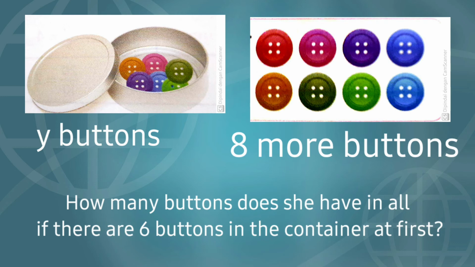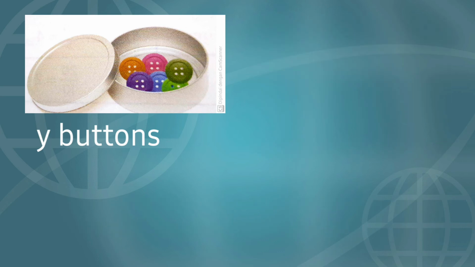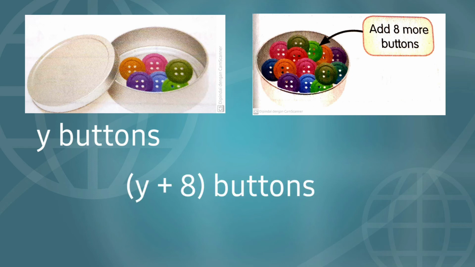Okay, we will answer together. Hasna has Y buttons in a container and then she puts 8 more buttons into the container. So the answer is Y plus 8 buttons in all. But the question is, how many buttons does she have in all if there are 6 buttons in the container at first?